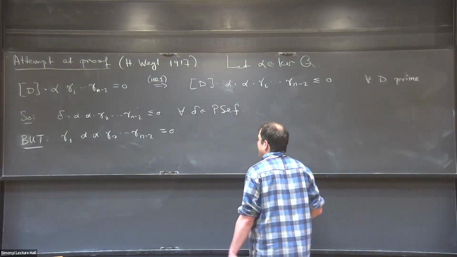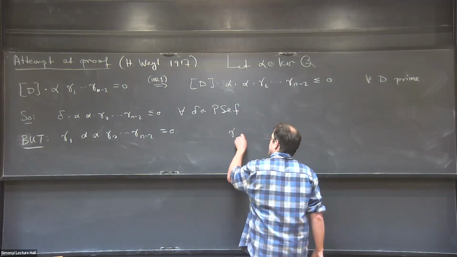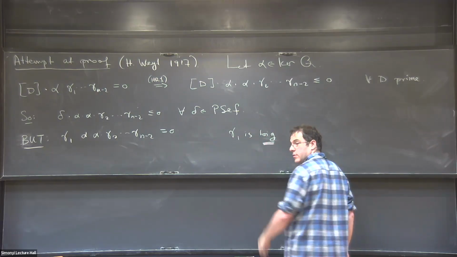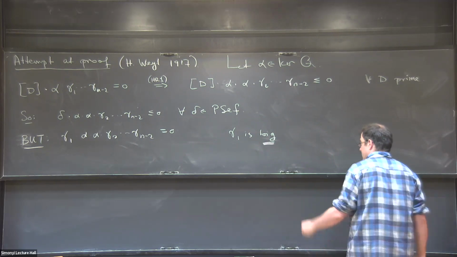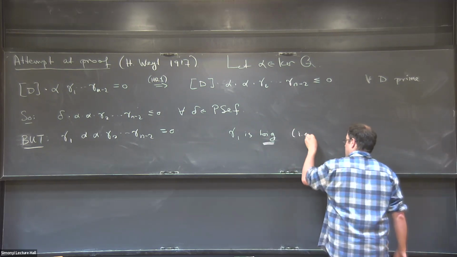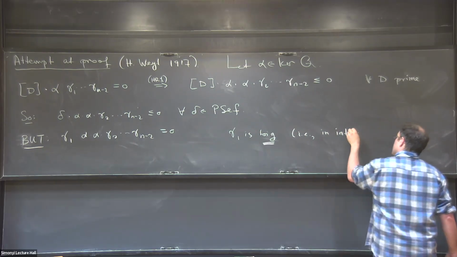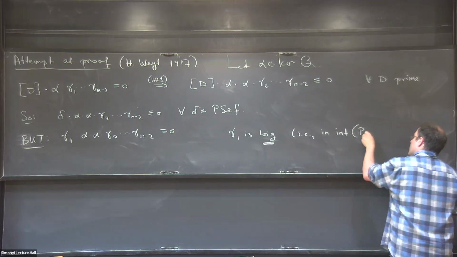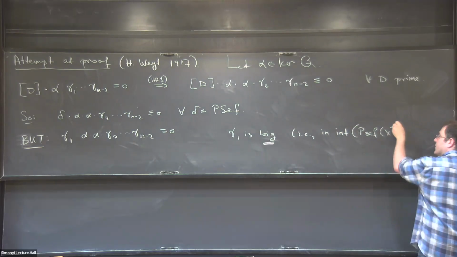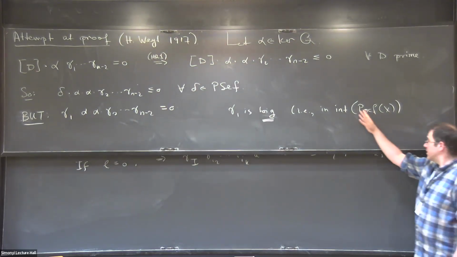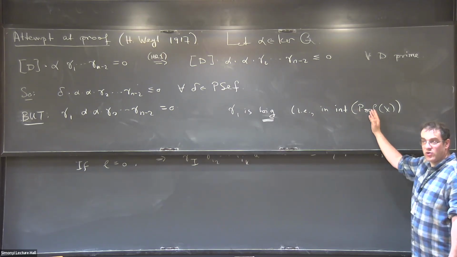Now I want to argue that gamma 1 is big, so it is in the interior of the pseudo-effective cone, because the interior of the pseudo-effective cone is the big cone.